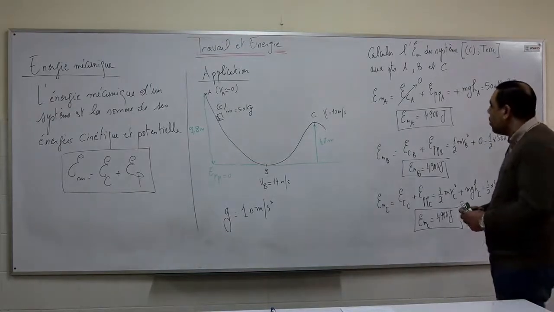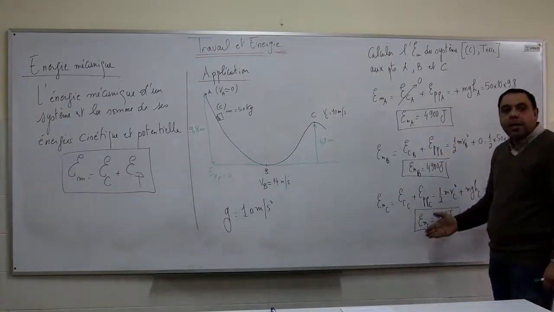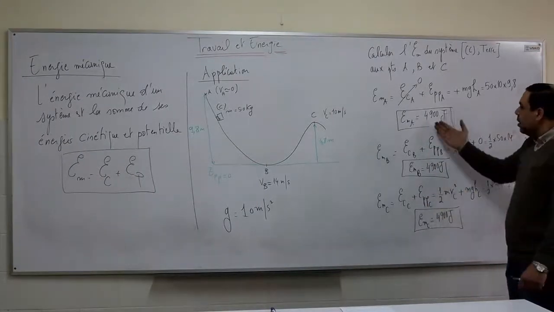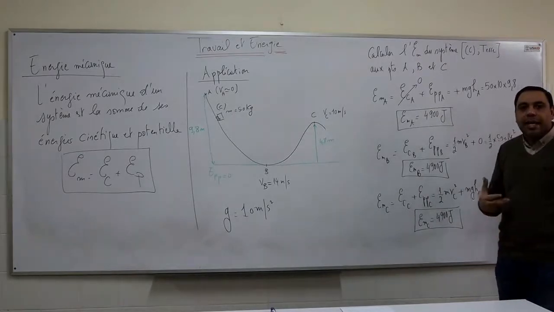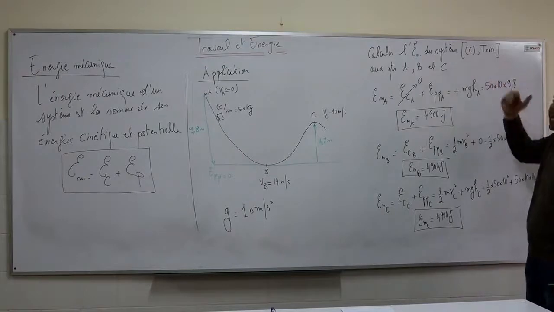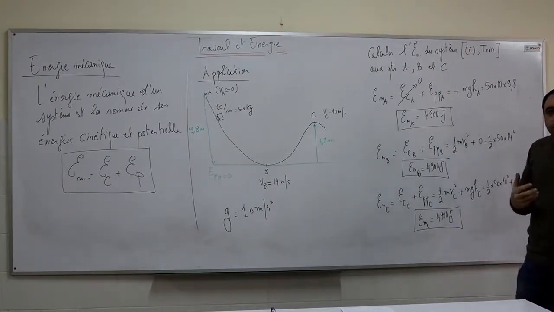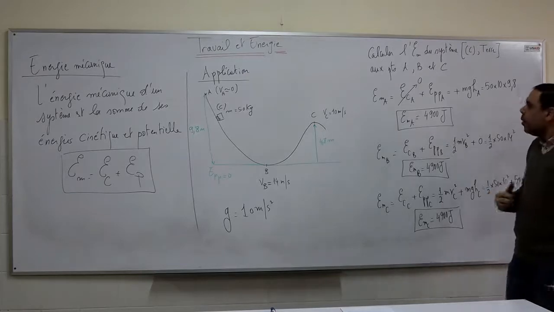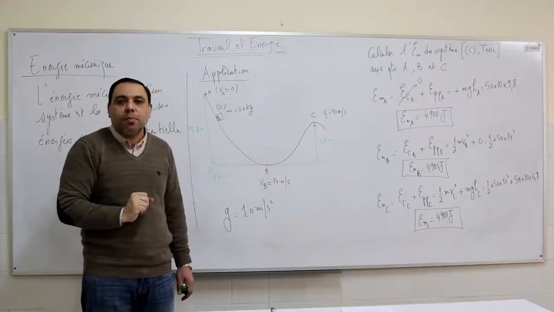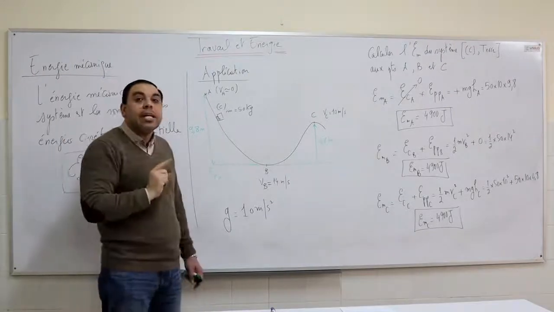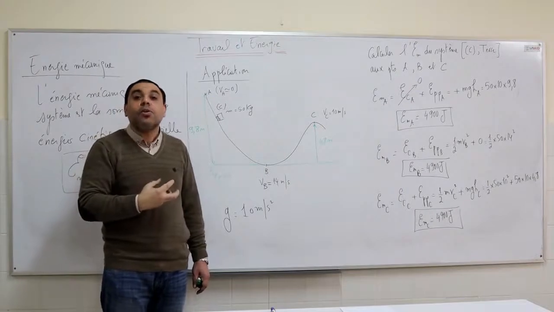What can we conclude here? The mechanical energy at different points is equal to 4,900 joules. We said that the mechanical energy of the system (cart, Earth) is conserved. At A, the mechanical energy is purely gravitational potential. At B, the mechanical energy is purely kinetic.